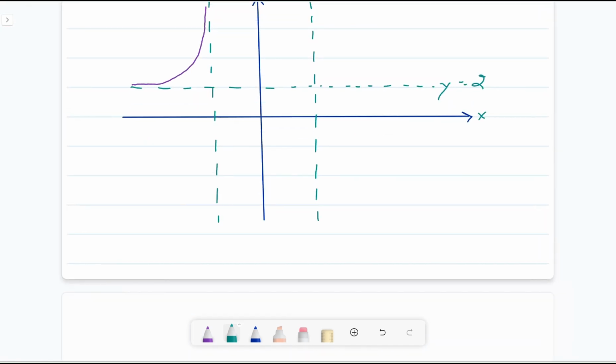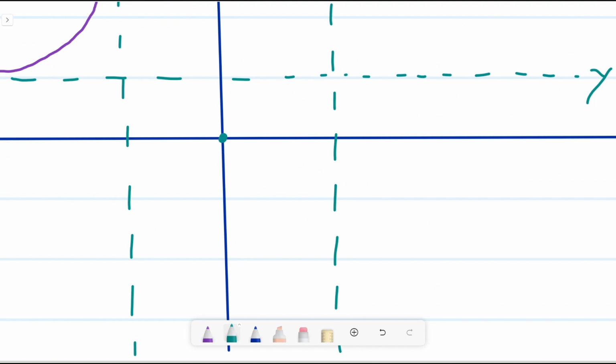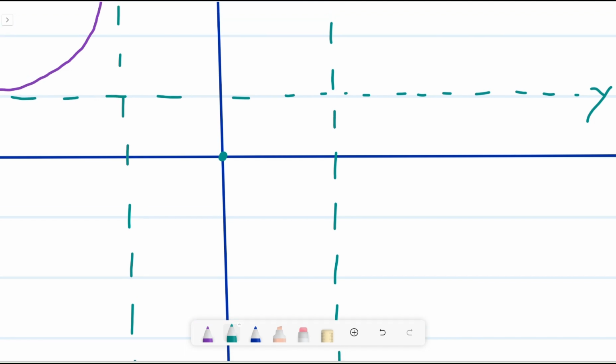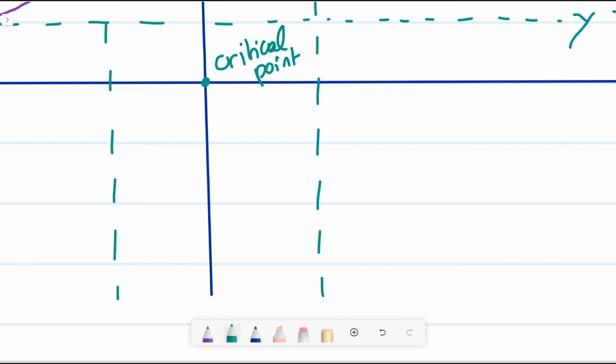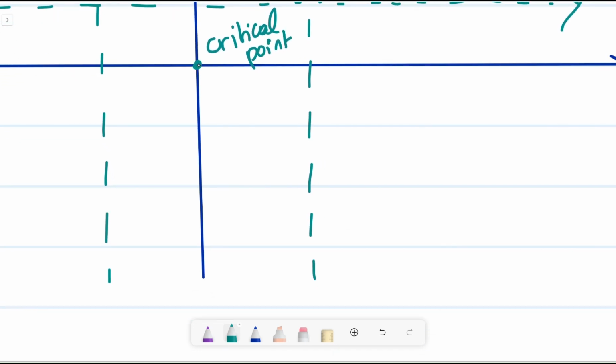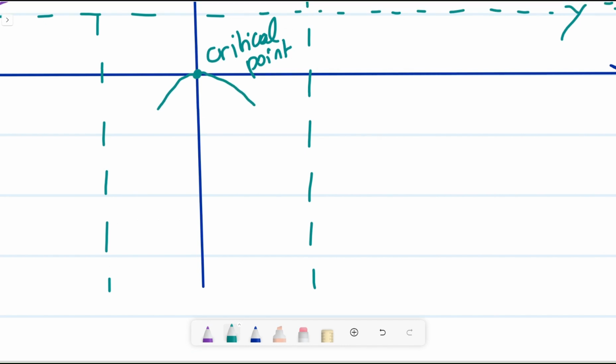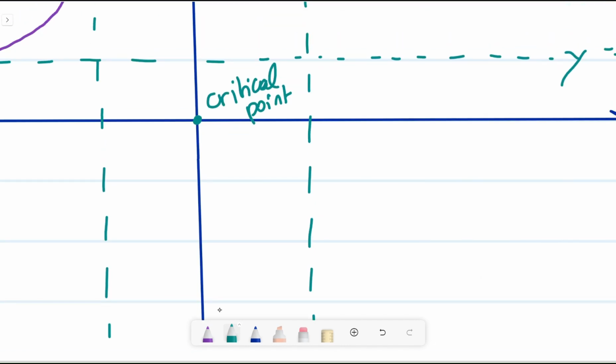And note that the point (0, 0) is a point on our graph because this is our critical point. And we also said it is a local maximum. So if it's a maximum, we'll have something like this right here. So I will continue graphing with purple. Maybe it will look something like this.